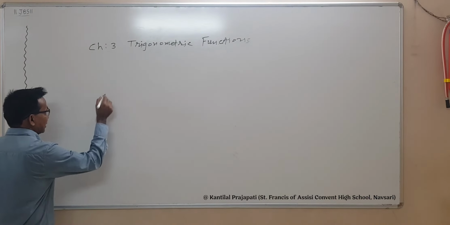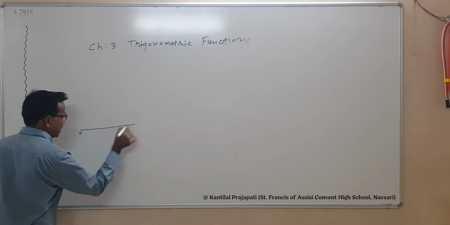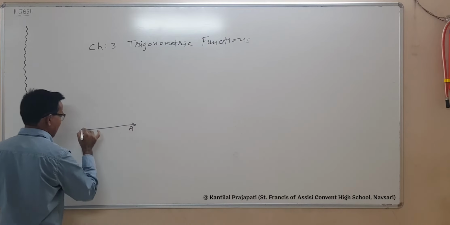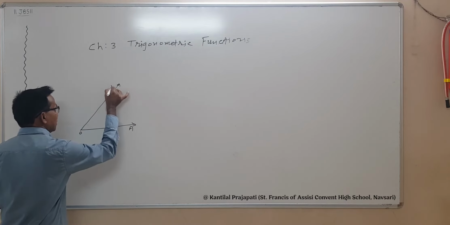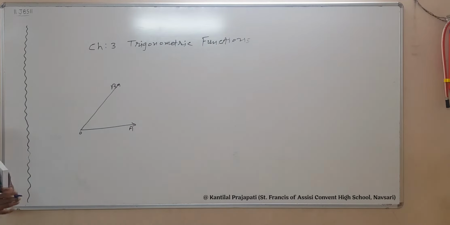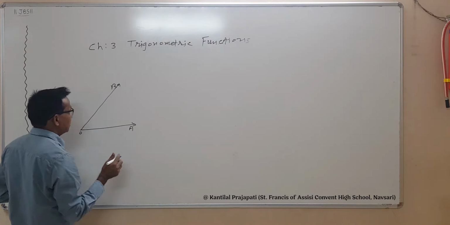Now again we draw the angle. OA is the initial ray. After rotation we get the final position of the ray, OB.